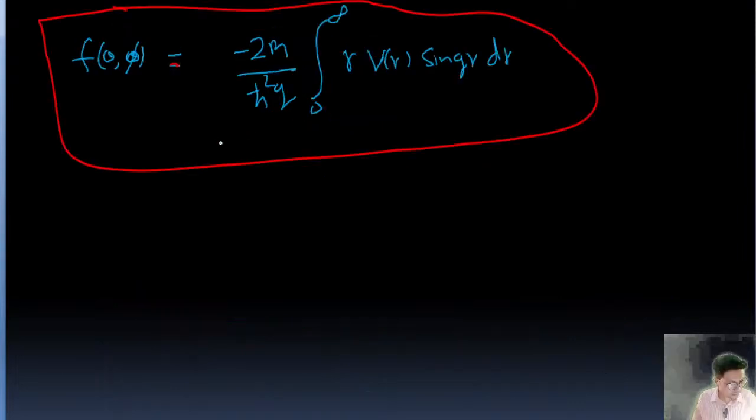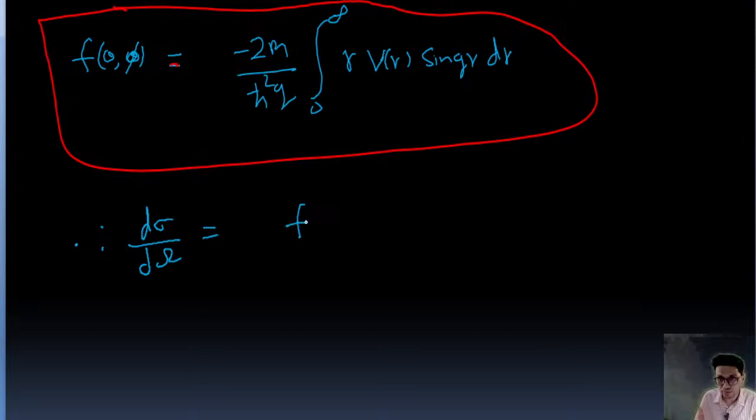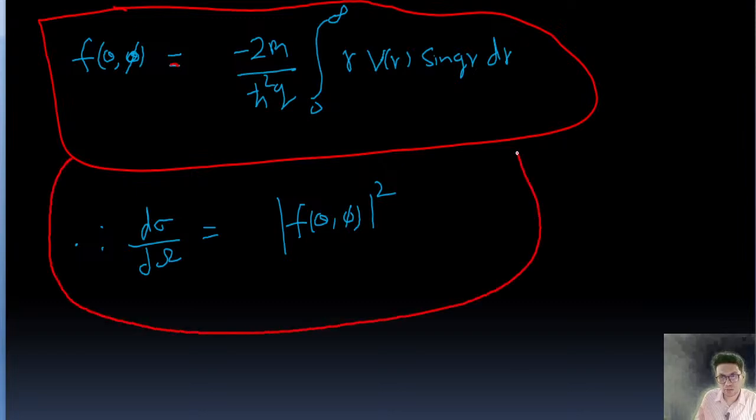Now the differential cross section, in one approximation, d sigma upon d omega, is the mod square of f, which is a function of theta and phi. So these are very important formulas you need to note down.